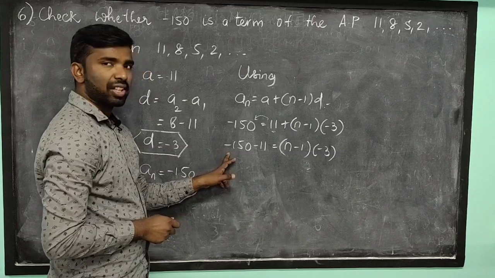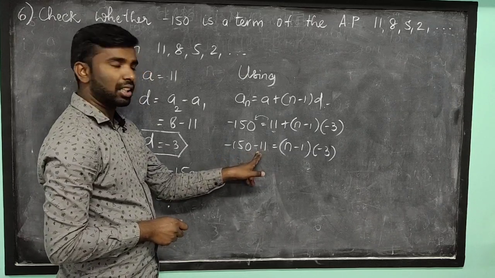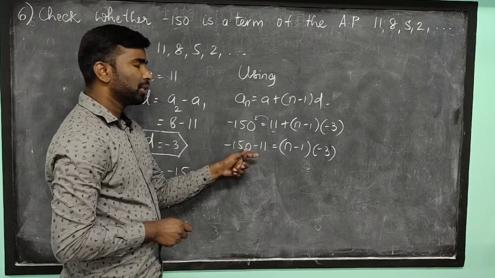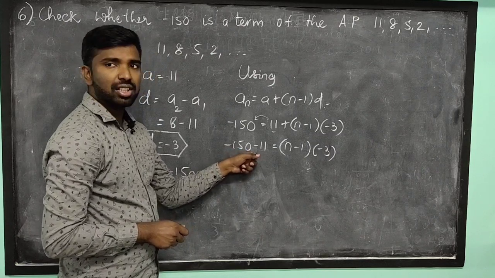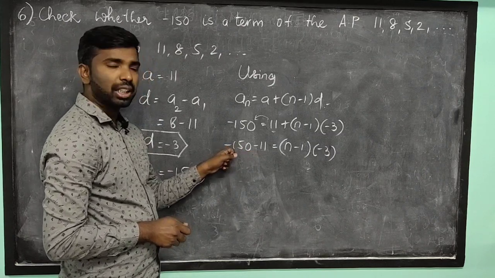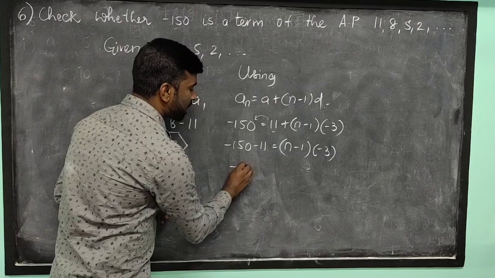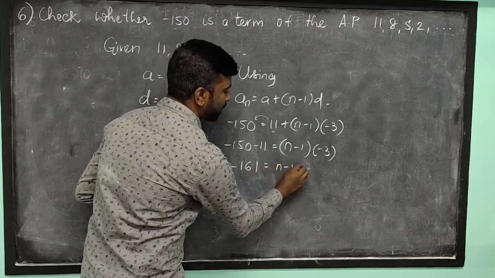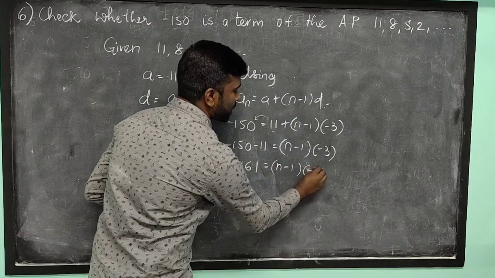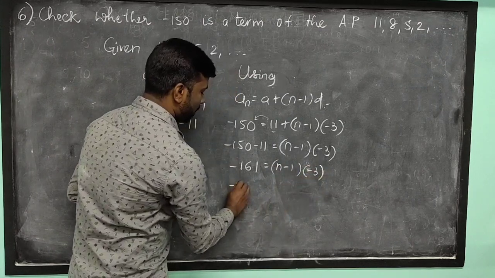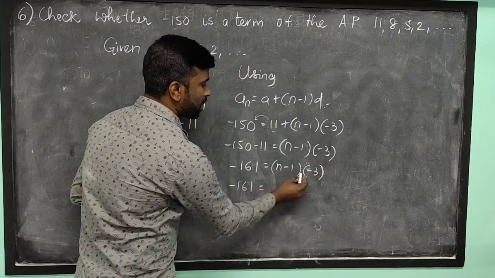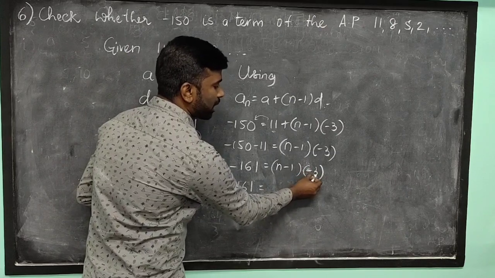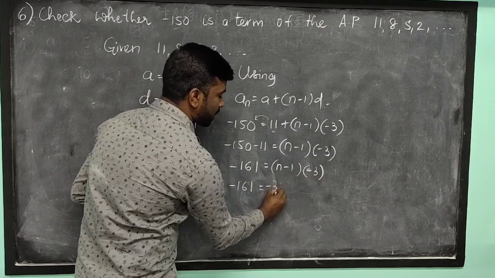Now minus 150 minus 11. Since we are adding two negative integers, we should add and put the bigger number's sign. We get minus 161, which is equal to n minus 1 into minus 3. Now multiply minus 3 into n, that is minus 3n.